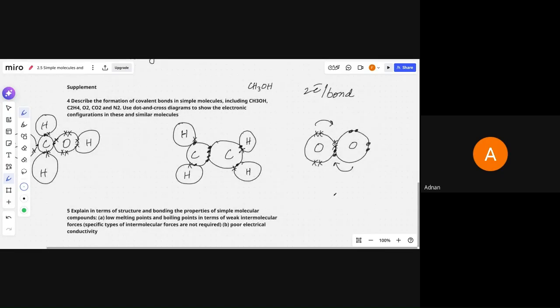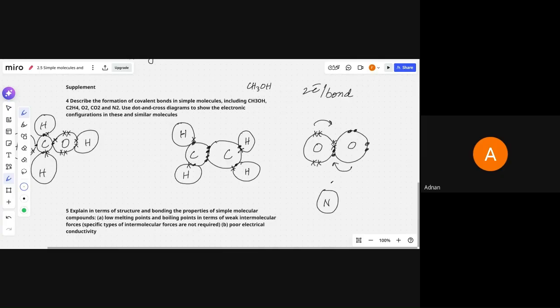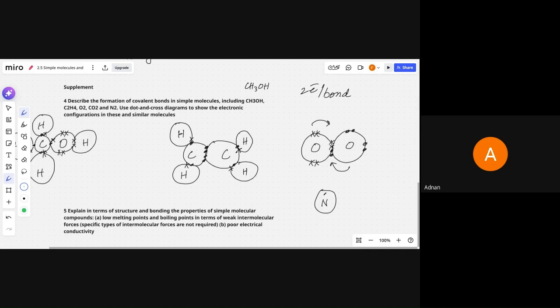Here, nitrogen again. We draw the outer electrons, 5 electrons. Out of 5, 3 will be shared, right? Because it needs 3 more. So 1, 2, and then 3, 4, and 5. And for another nitrogen atom, it will be the same: 1, 2, and 3, 4, and 5.